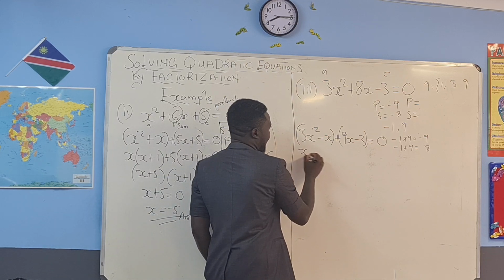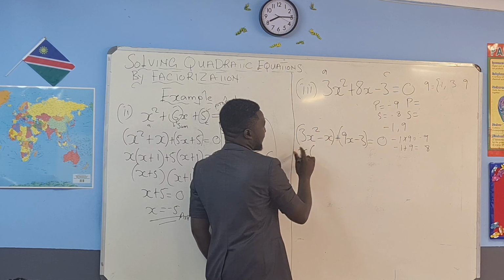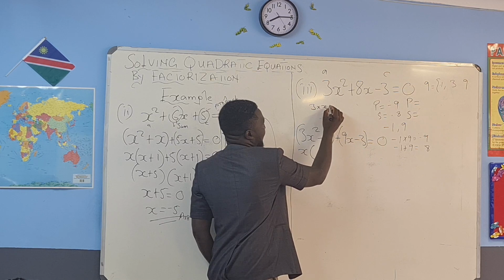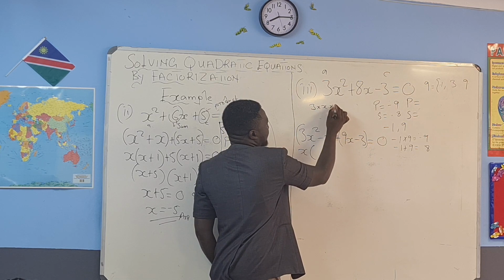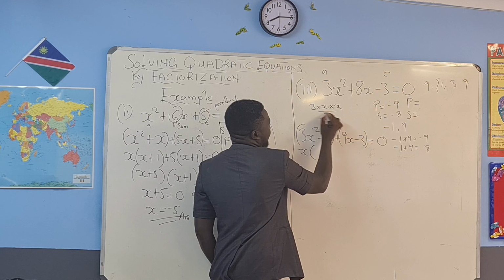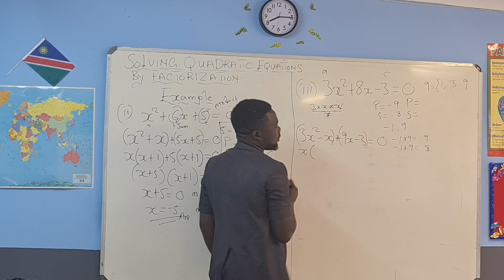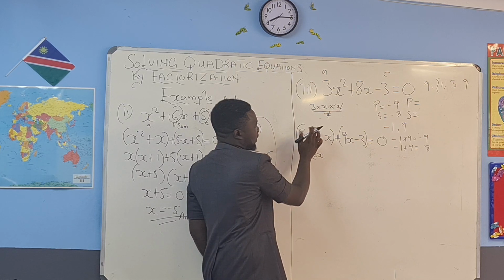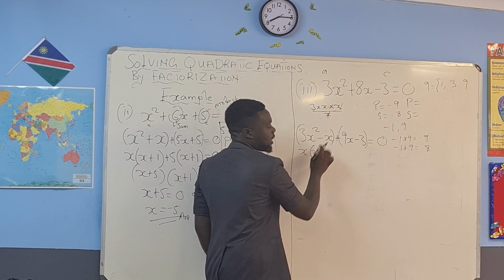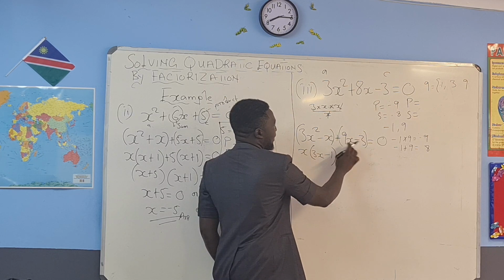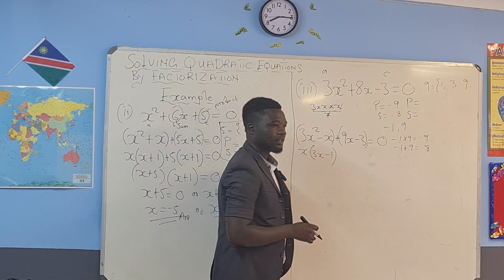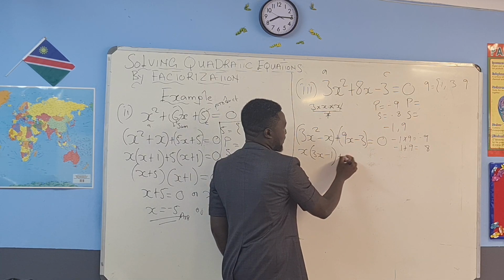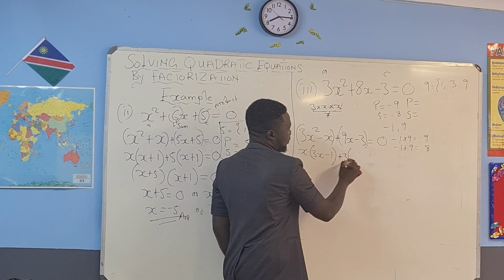So you take x out, then you divide: 3x squared divided by x gives 3x, such that when you multiply, you get 3x squared, and x divided by x is just 1. Then what is common in the other pair? It is 3, so you say plus 3, then you close.